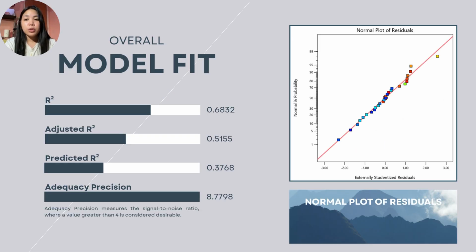The model's R-squared value was 0.6832, indicating that approximately 68.3% of the variation in the degradation efficiency can be explained by the model. The adjusted R-squared was lower at 0.5155, suggesting that not all model terms contributed meaningfully to predictive accuracy.